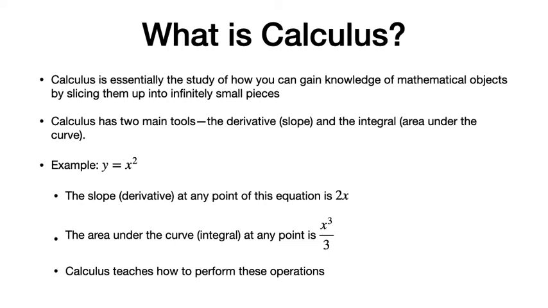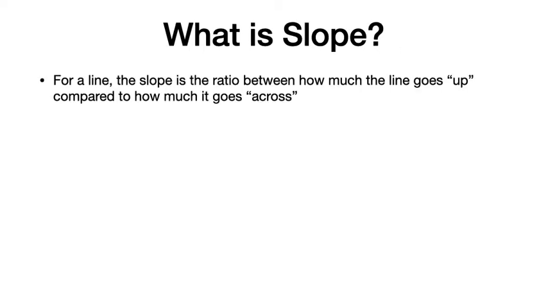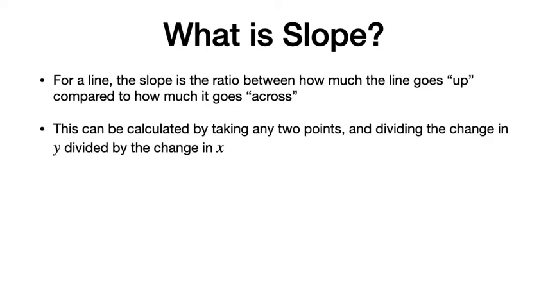So since slope is such an important part of calculus, let's talk about what slope is. For a line, the slope is the ratio between how much a line goes up compared to how much it goes across. We also call this rise over run. You can calculate this on a line by taking any 2 points and dividing the change in y by the change in x.